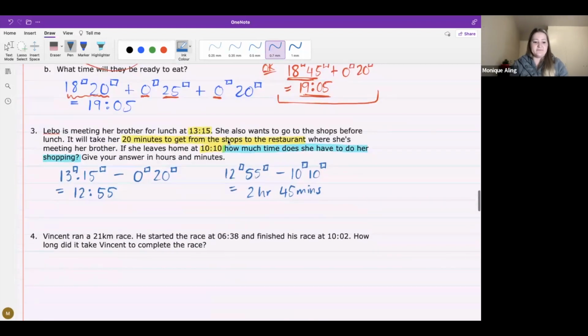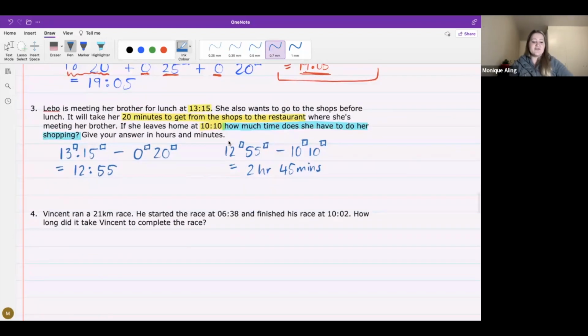Okay, last one. Vincent ran a 21-kilometer race. He started the race at 6:38 and finished his race at 10:02. How long did it take Vincent to complete the race? Nice, easy one to finish us off.